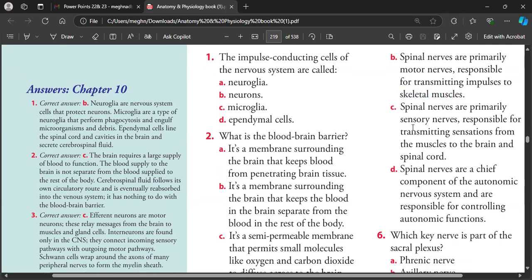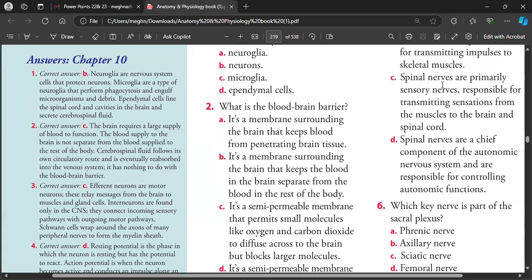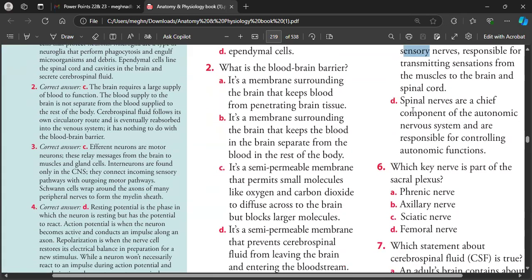And what did number C say? Sensory. Mm-hmm. Response. Spinal nerve. So, yeah, it is not correct either, because it is not only sensory. It is both. And number D said spinal nerves are mainly a component of the autonomic nervous system and responsible for controlling autonomic functions.